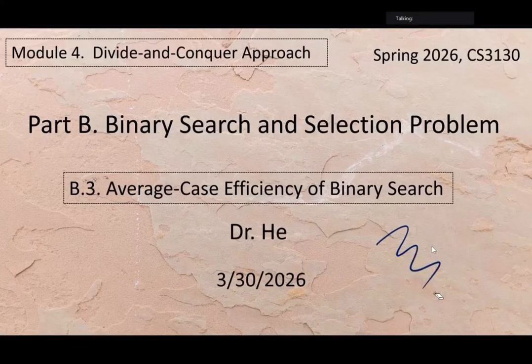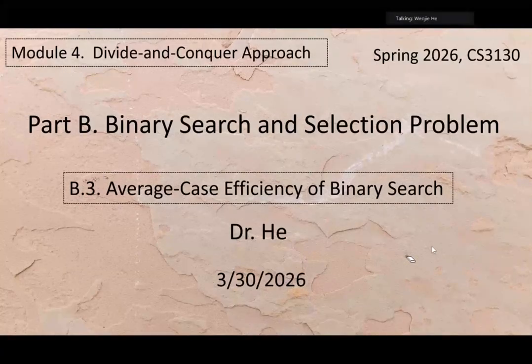Before we start the average case, I want to ask you one question. First, let's compare the best case and the worst case.